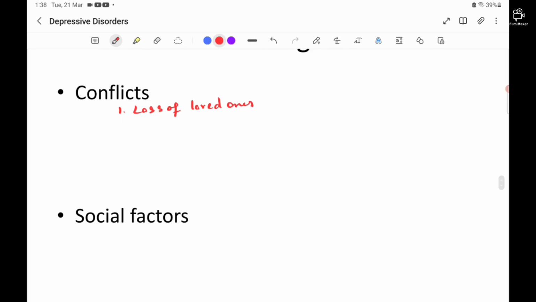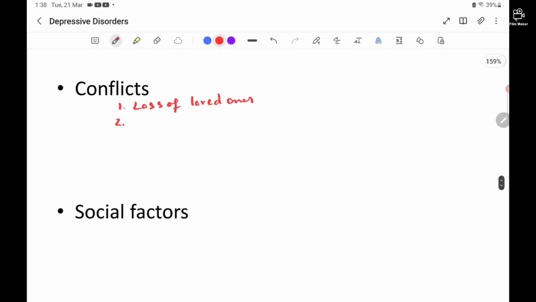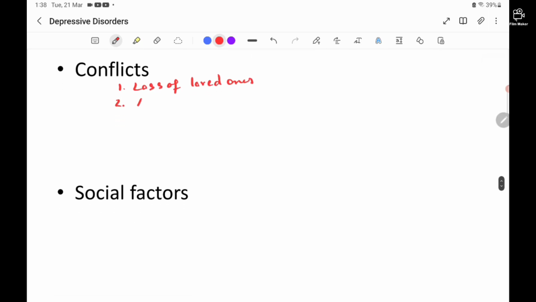So that is loss of loved ones. Then anger turned inwards. In situations when the person is angry but due to surroundings he cannot express his anger, that is a very dangerous situation. This kind of conflict often leads to chronic depression.